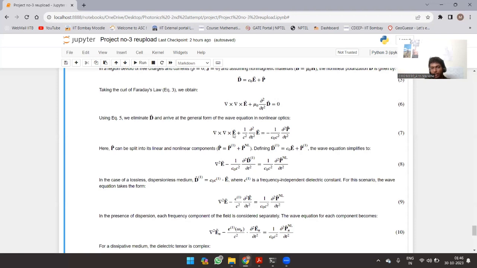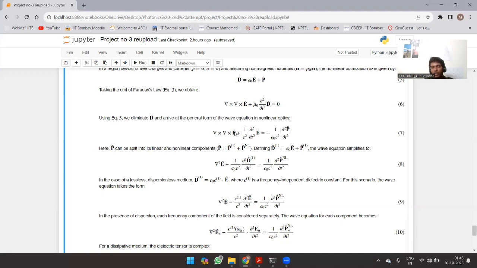Actually, here is one more step to do. While simplifying this part, there will be two terms. One is minus del square e, this is the one, and the other thing is the partial t term. Here in this case, we like to take, I mean, not the e part.